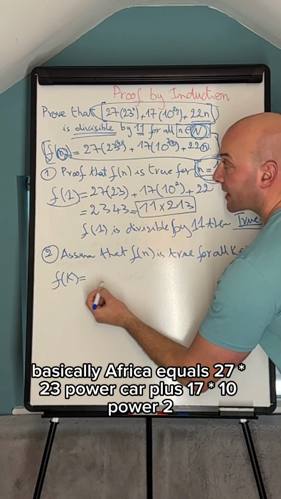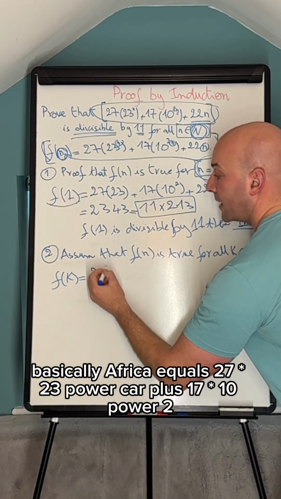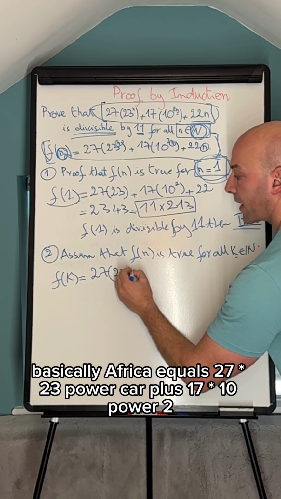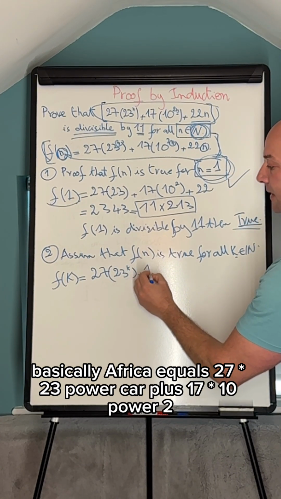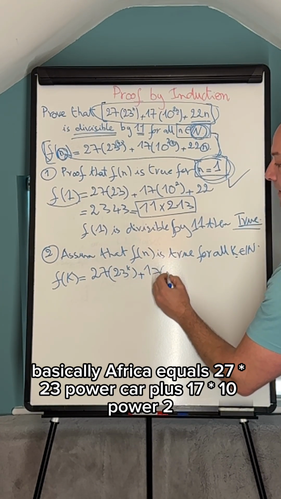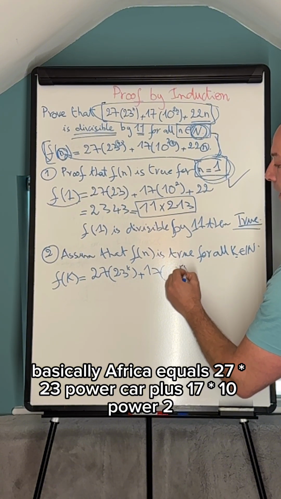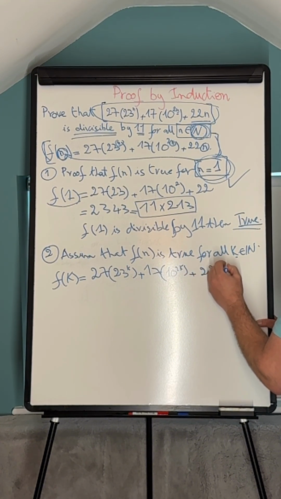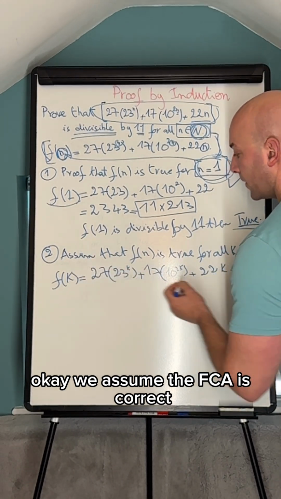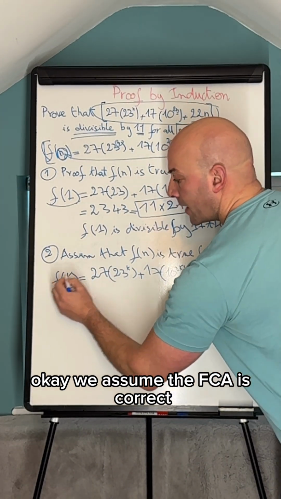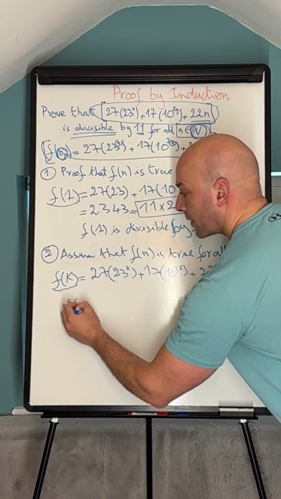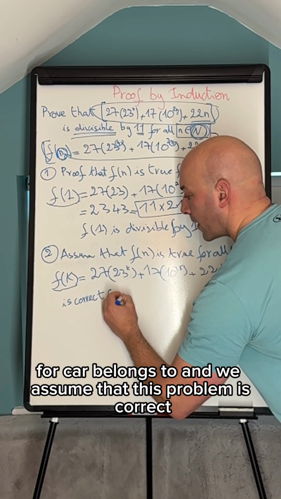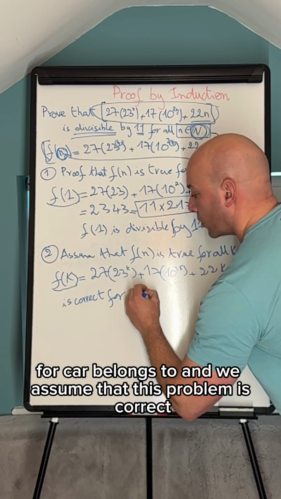So f(k) equals 27 times 23 power k plus 17 times 10 power 2k plus 22k. We assume that f(k) is correct for k belonging to N.